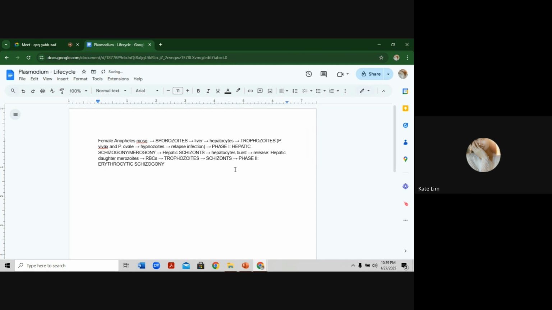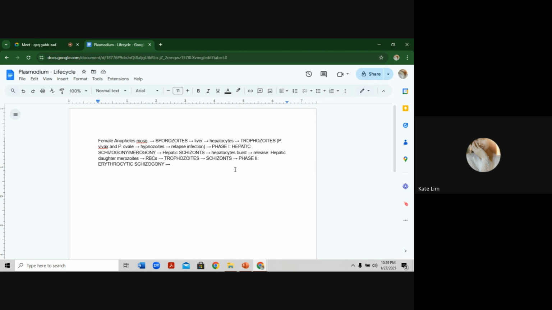So the schizonts right here divide rapidly, producing dozens or even hundreds of new schizonts. And if you have remembered, in each schizont there are actually merozoites inside. So if the schizonts divide rapidly, it also produces dozens or even hundreds of new merozoites. Again, this happens all inside the RBC.